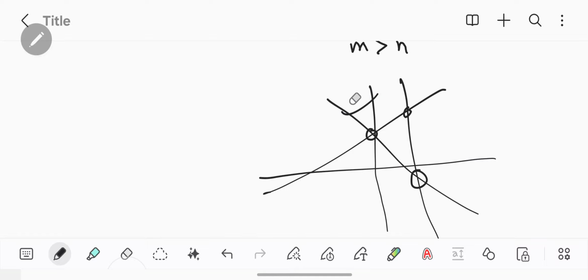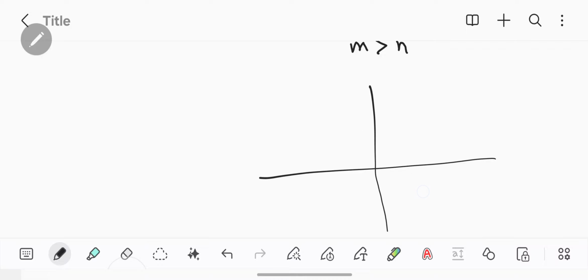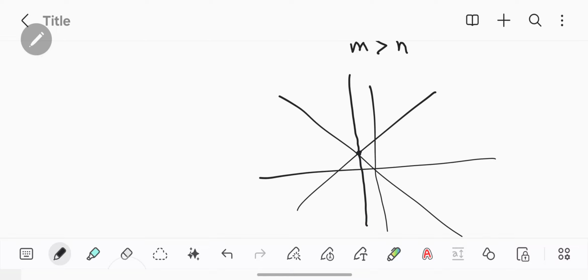In order to have a solution, they must meet at a single point. For example, if you have this line and this line, the third line, wherever it is, must cross this point. If these three lines meet at one and only one point, then we will say that those three linear equations have a solution. Otherwise, we will say they have no solution. This is the geometric insight.